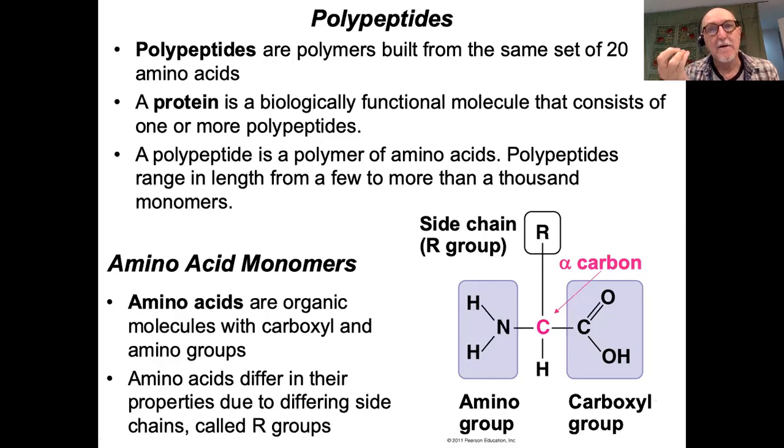The character of the amino acid, what it does, is determined by another group. It's a side group, and it does not participate in the formation of the polypeptide. So the amino acids differ from one another enormously in their character. Some are soluble, some are insoluble, some are polar, some are non-polar.